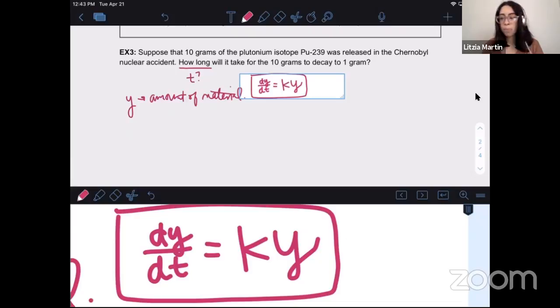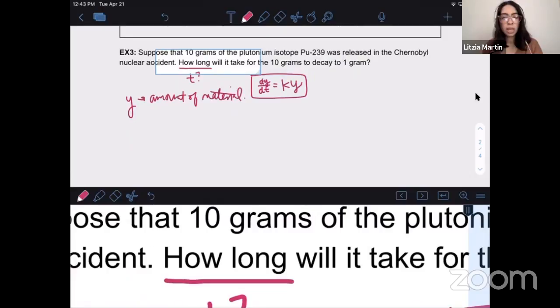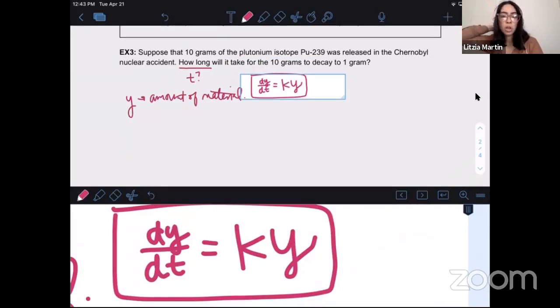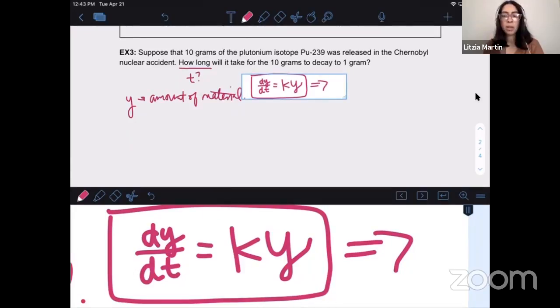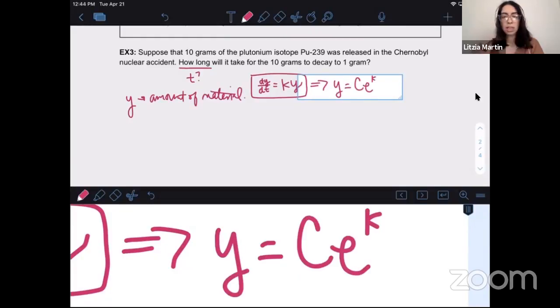Is that going to help us figure out how long it will take for the 10 grams to decay to 1 gram? It is going to help us, but not in the form that we have it. We can't do it as a rate. What we need to do is find an equation of y, so that we can plug in our y value and then get our time as the output. Because of our theorem for growth and decay, we know that y will equal c times e to the kt.